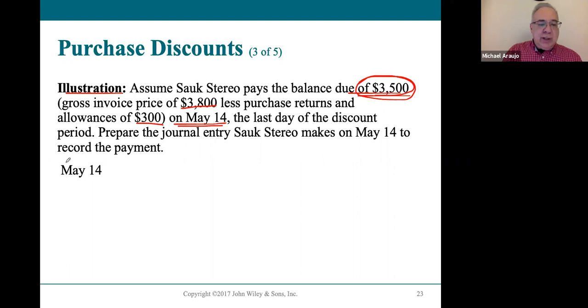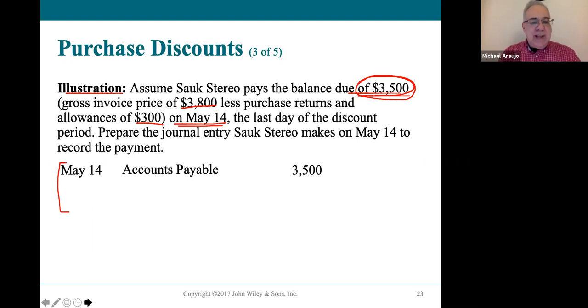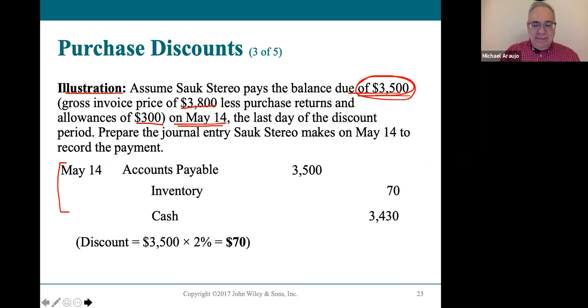So this is what it looks like in the books of the buyer when they pay for this. They're going to say they paid their entire payable, which they did, $3,500, but they only paid $3,430 in cash because they saved $70 by taking the discount. Well, again, let's go back to the historical cost principle.